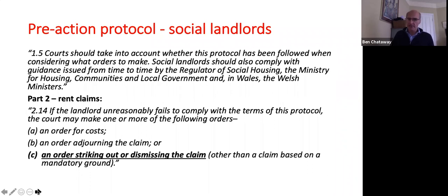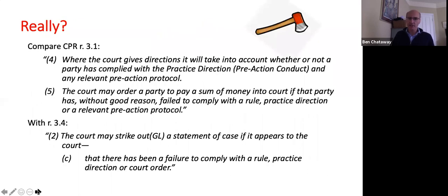My own experience is I haven't seen a claim struck out purely on the basis of a landlord's failure to comply with the protocol. And why? Well, I don't think the court can, or at least could, strike a claim out purely for failure to comply with the protocol.